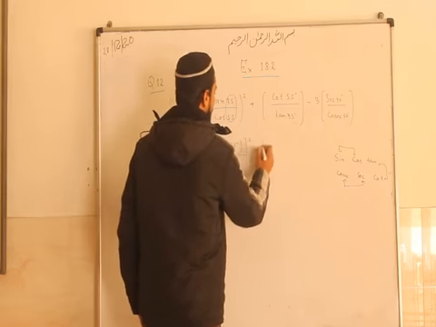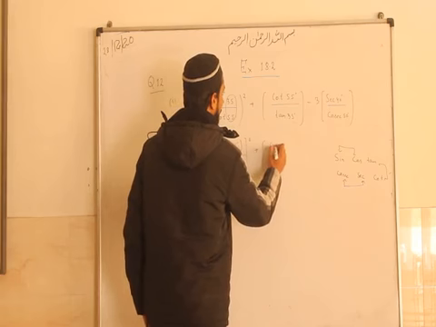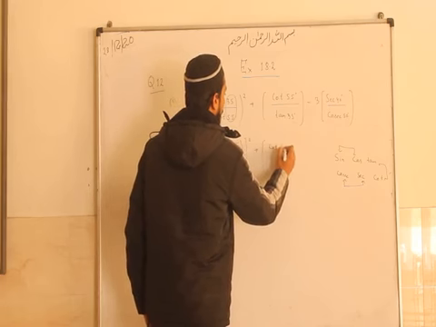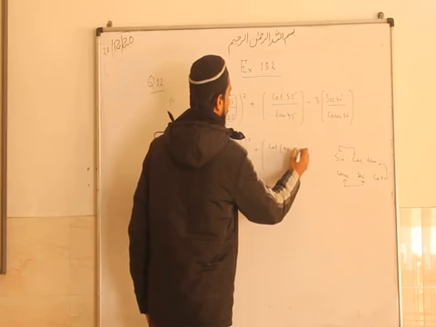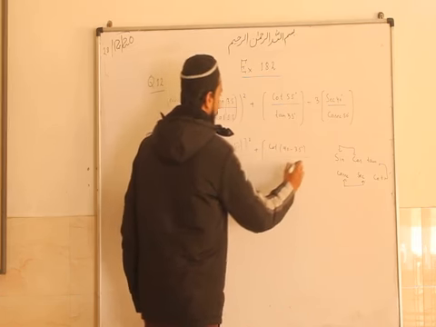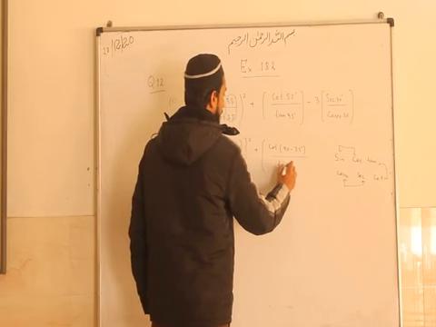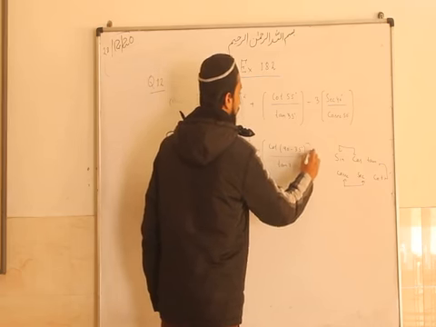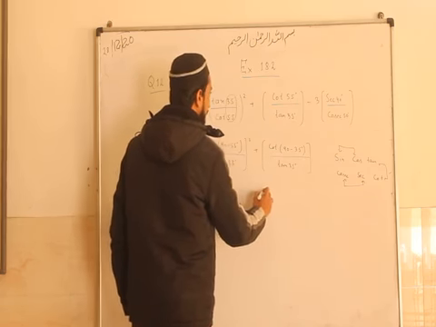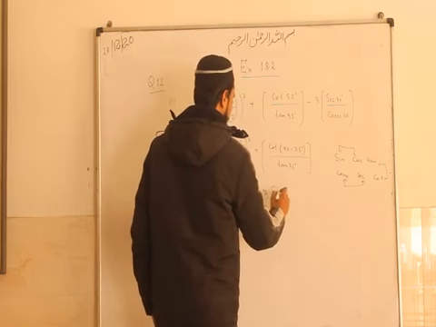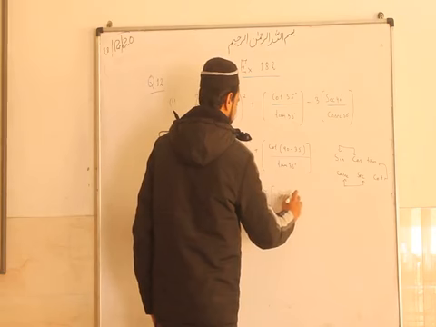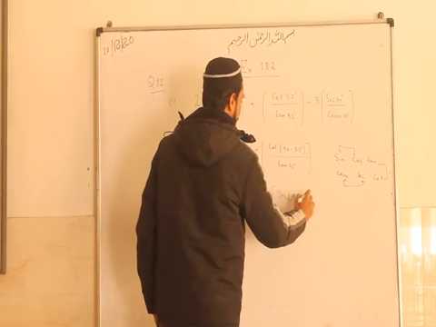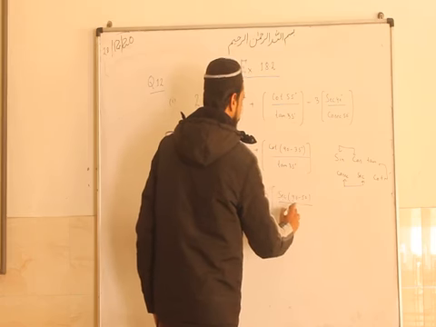Here also we can change any one, so we are changing the numerator, cot 90 minus 35 divided by tan 35, then minus 3 sec 40. We can write sec 90 minus 50 upon cosec 50.